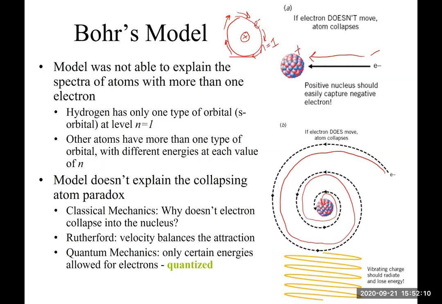So when classical mechanics scientists asked this question, Rutherford, who Bohr was working in Rutherford's lab, said the velocity balances the attractive forces, and so therefore the electron won't collapse into the positively charged nucleus. But classical mechanics didn't believe this. And the folks who were picking up quantum mechanical theories didn't believe this either.